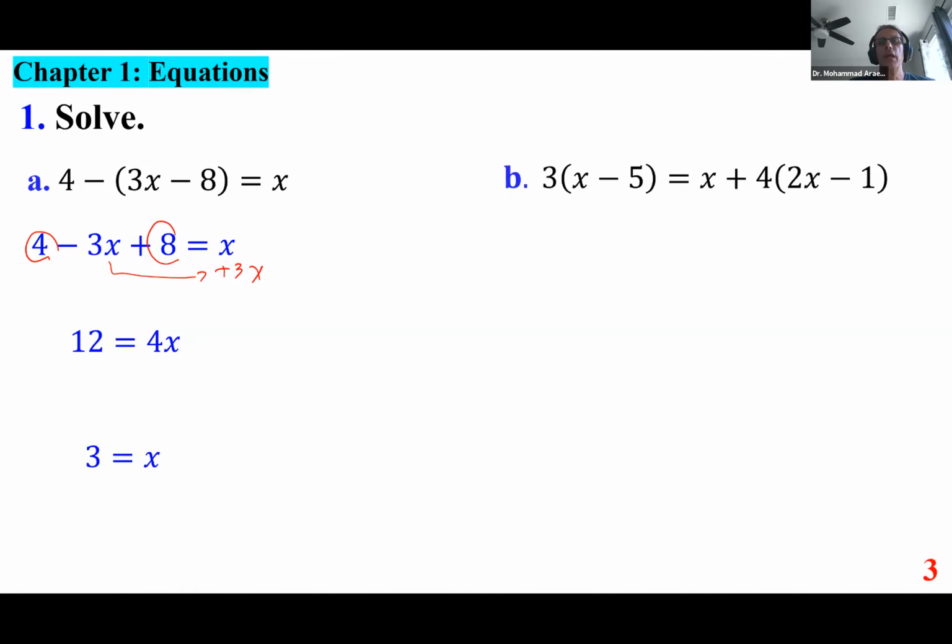We distribute again. 3x minus 15 equals x plus 8x minus 4. 8x and x add up to 9x.